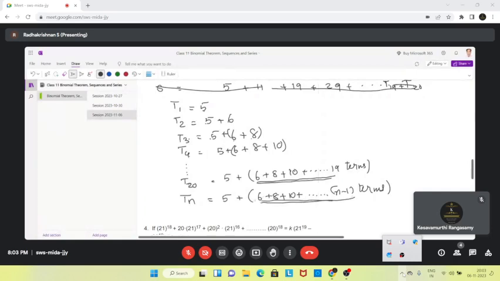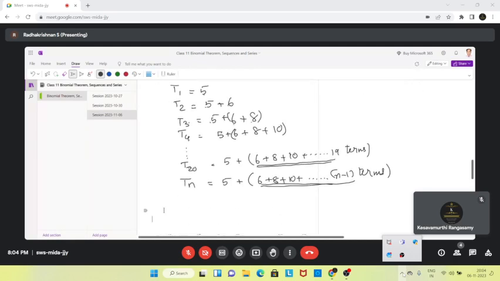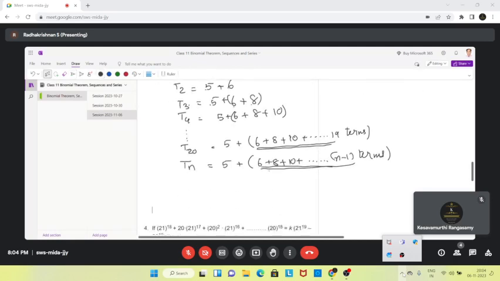So 5 is your first term, and since the differences are in arithmetic series, the term Tn formula becomes an arithmetic series. This we can solve easily, right? 6 plus 8 plus up to n minus 1 terms.